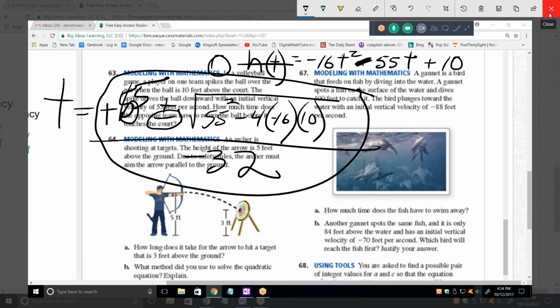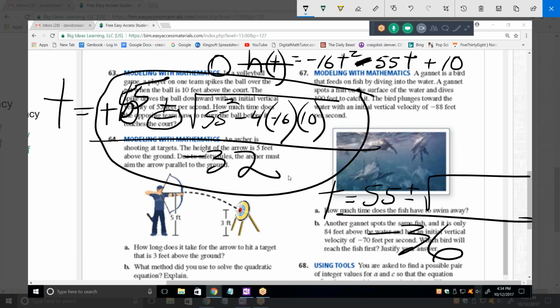Okay. All right. You need to come up with a number for that, or can we go on? I want to figure out the number. So I'm already at t equals 55 plus the square root of 3025 plus 640 over negative 32. What's the discriminant value?